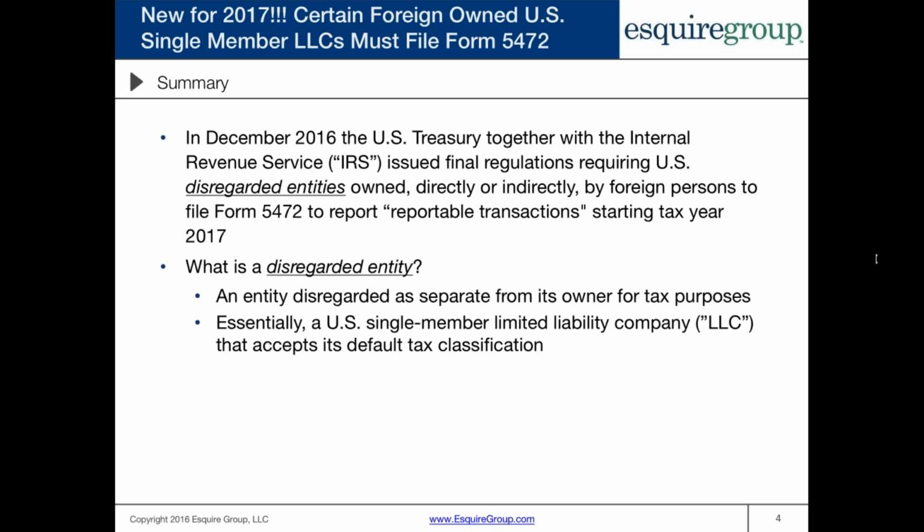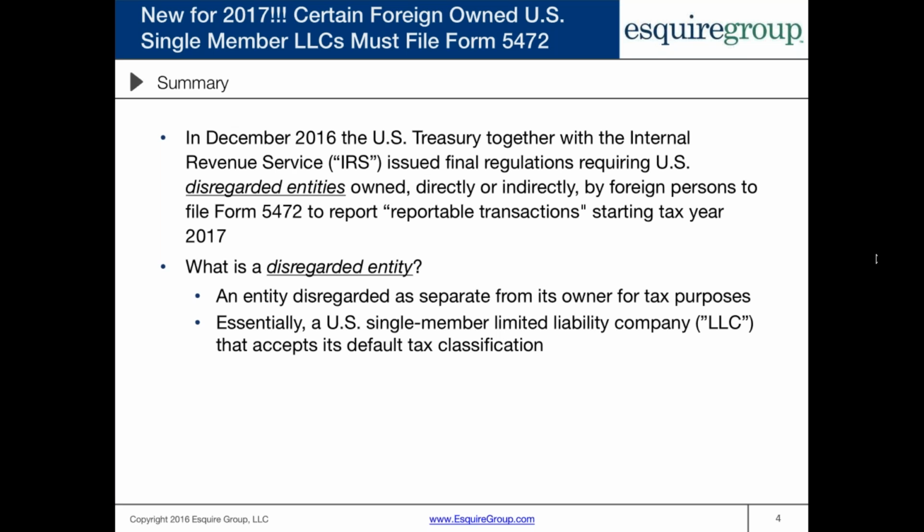So now that we've talked a little bit about what direct and indirect ownership is, let's dive into what a disregarded entity is. It's fairly simply put, exactly what the name implies. It's an entity disregarded as separate from its owner for tax purposes. So basically, it's an entity that for tax purposes does not exist. An example of this is, let's say you're a foreign person, you own 100% of a U.S. LLC that's a disregarded entity that owns a rental property.